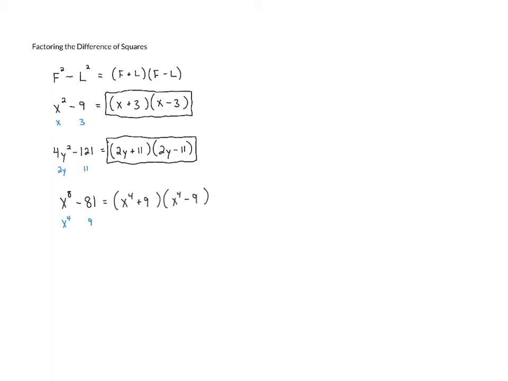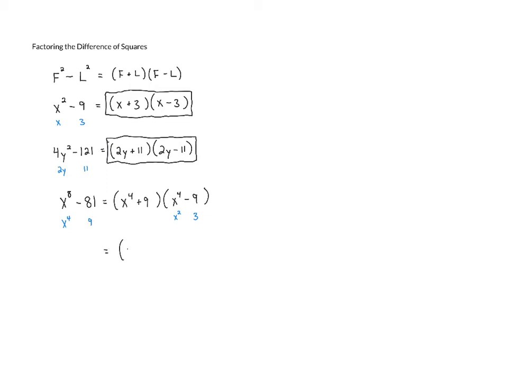We're not actually finished yet because if we look at x to the 4th minus 9, that is a difference of squares, and it can be broken down even further. x to the 4th is x squared squared, and 9 is 3 squared. So that can be factored even further.